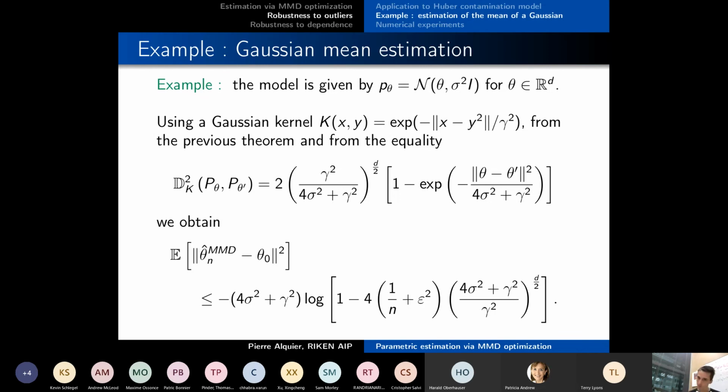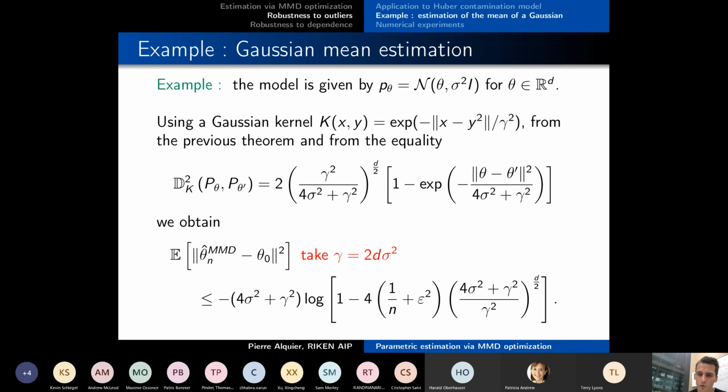So we're quite happy with this. But it is known that the minimax rate of convergence in this problem is d over n. And what we found is that if you take gamma equal to 2d, d being the dimension of the parameter, theta is in R to the d.